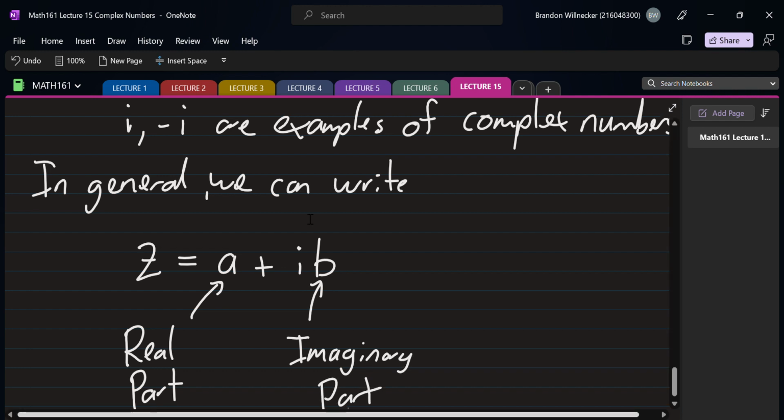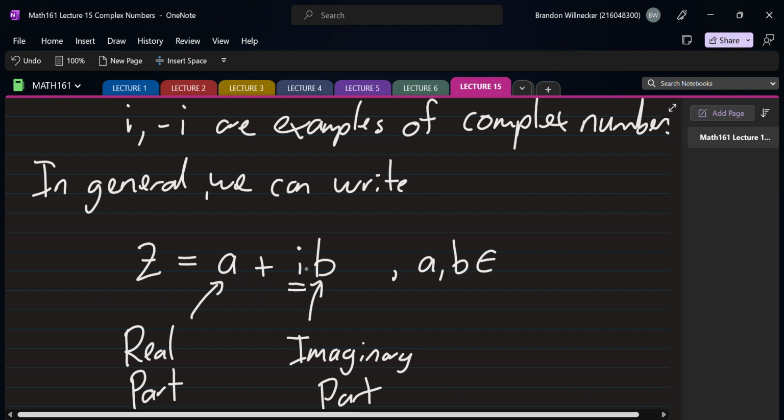Any complex number can be written as the sum of the two parts. We have the real part a and then the imaginary part b, which is always attached to our imaginary number i. So that's how you can remember: i for imaginary, anything attached to that we call the imaginary part.